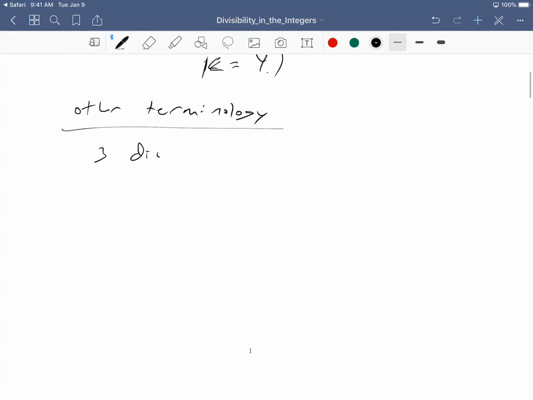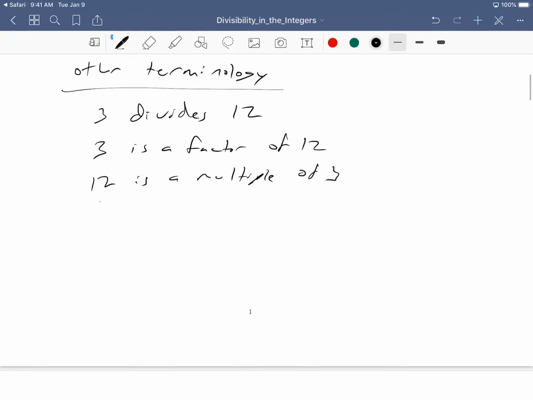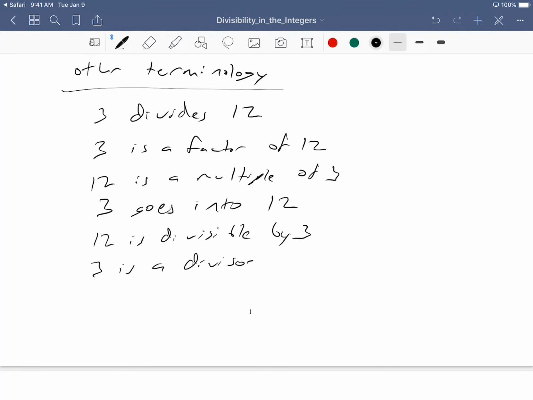Saying 3 divides 12 is the mathematician's choice of how to talk about this, but you've also probably said 3 is a factor of 12, or 12 is a multiple of 3, or 3 goes into 12, or you might have said 12 is divisible by 3, or 3 is a divisor of 12.